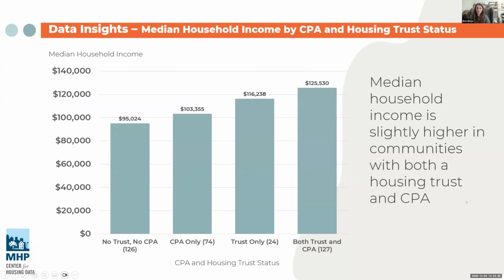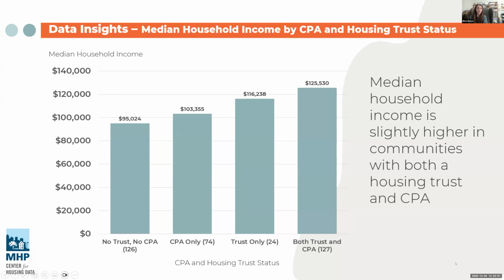And then we had the advantage of bringing in some of our additional data, and we can, again, look at some patterns, not causal, of our different types of communities. Looking at some of our census data, along with our CPA and trust data, we see higher median household income in communities that have both trust and CPA.